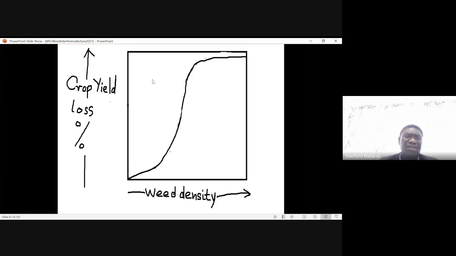And when you plot crop yield loss versus weed density, you also get this sort of curve, which is sigmoid. At the early stages, the yield loss is very small. You can almost point to what we call the weed control threshold.